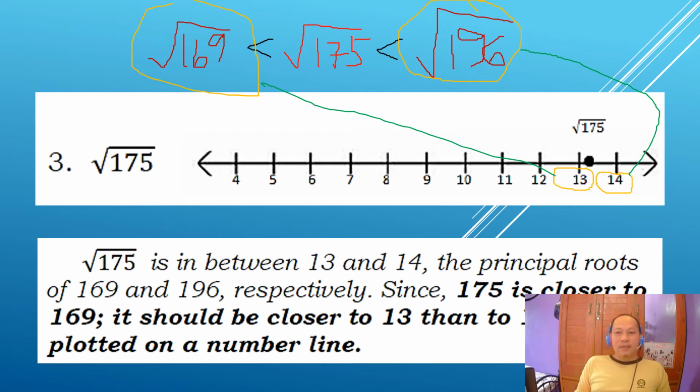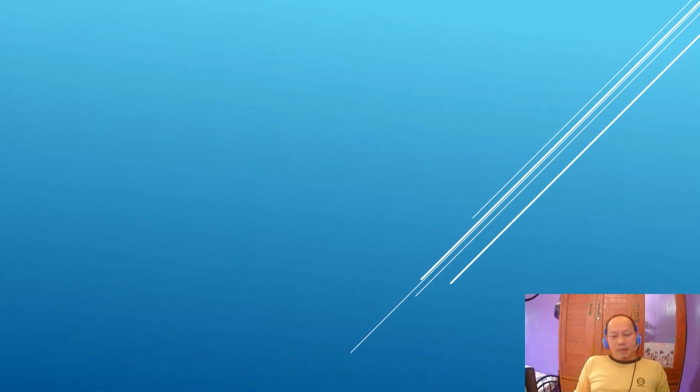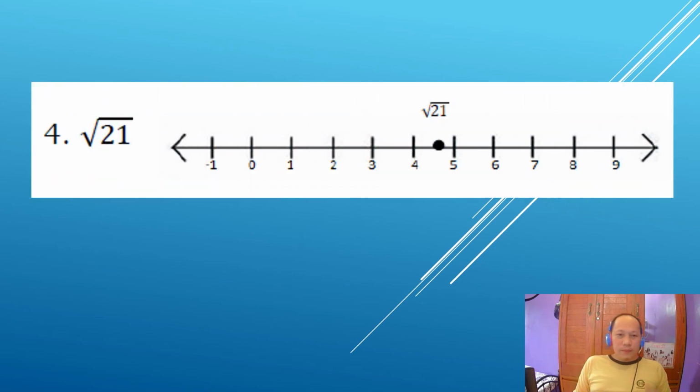So, ayan, no? So, square root of 175. Okay? So, andito nga siya. Yan, no? So, next example. Number 4, square root of 21. Okay, square root of 21 lies between square root of 16 and square root of 25.